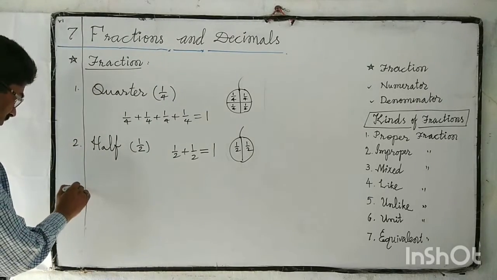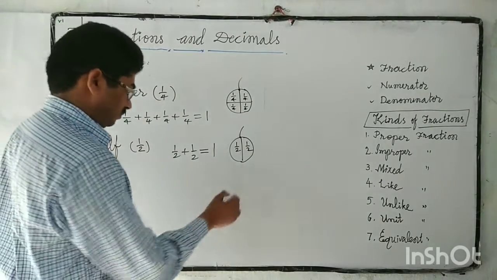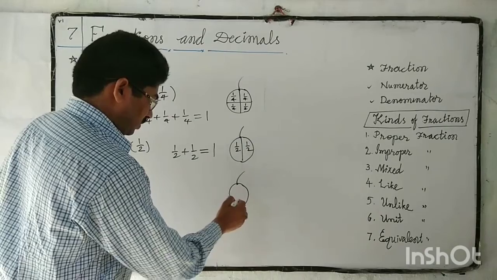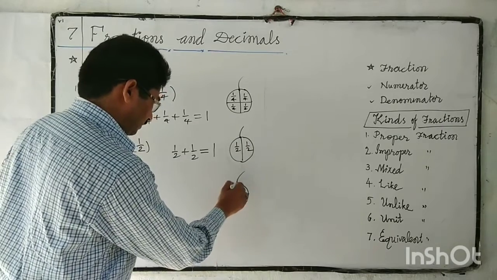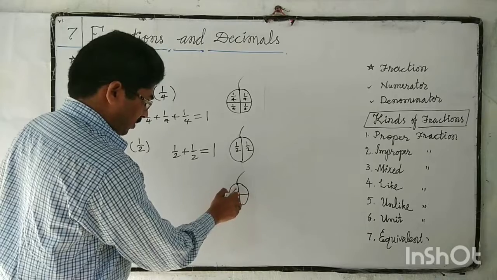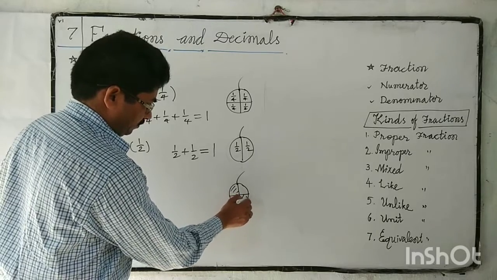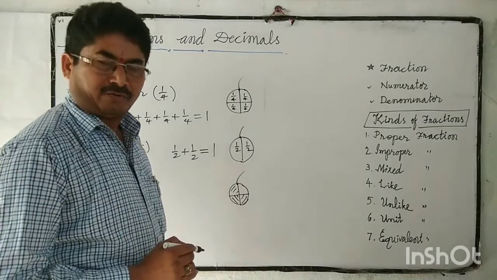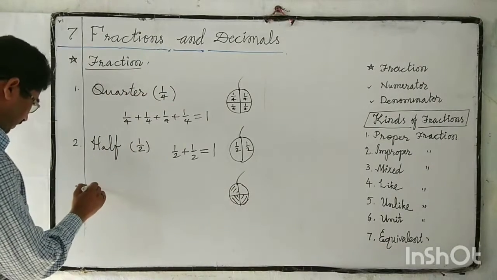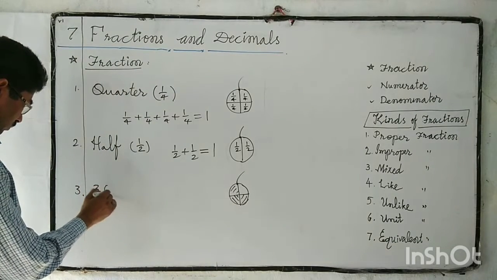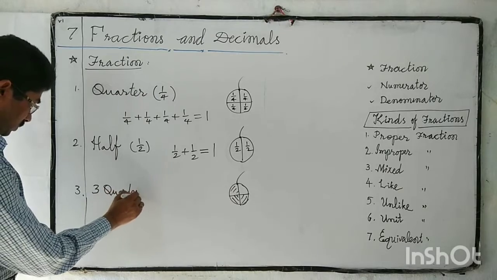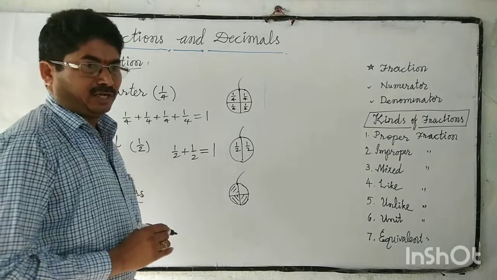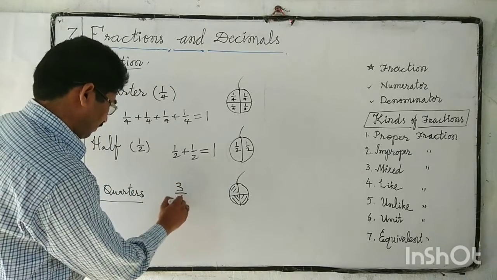Next, one more example. If a quantity is divided into 4 equal parts and 3 parts are taken, then it is called 3/4. 3/4 is written as 3/4.